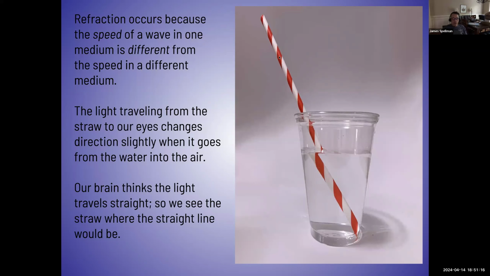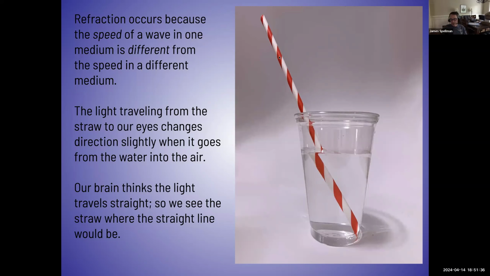Now, when it's in the water, again, for us to be able to see it, light has to reflect off of the straw. So imagine a light wave leaving the straw and coming into your eyes. It's got to go through the water, and then it's got a bit of curved glass or plastic in this case, and then it's going to go into air.